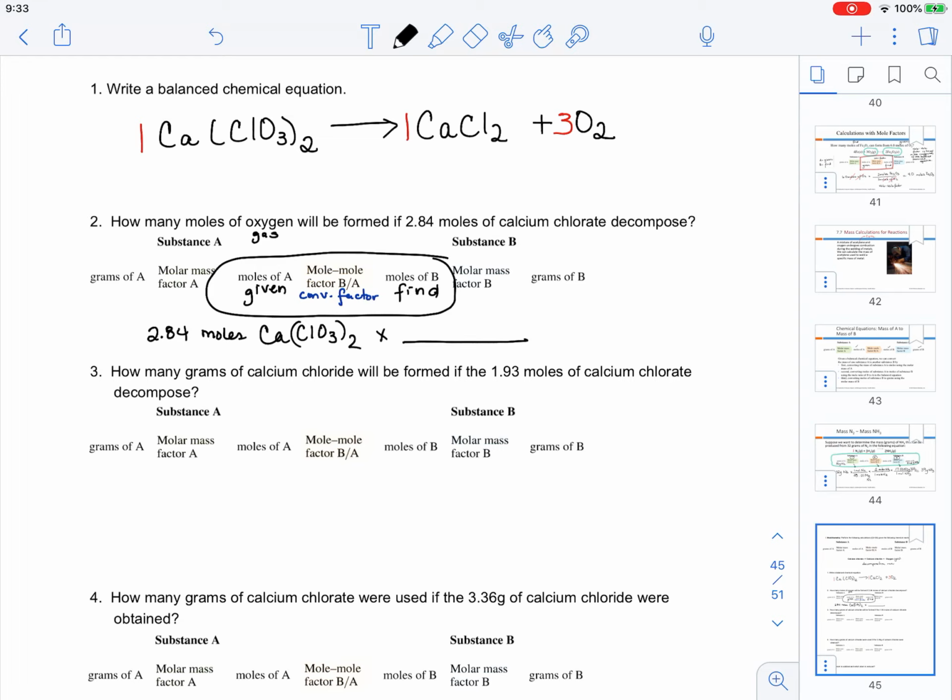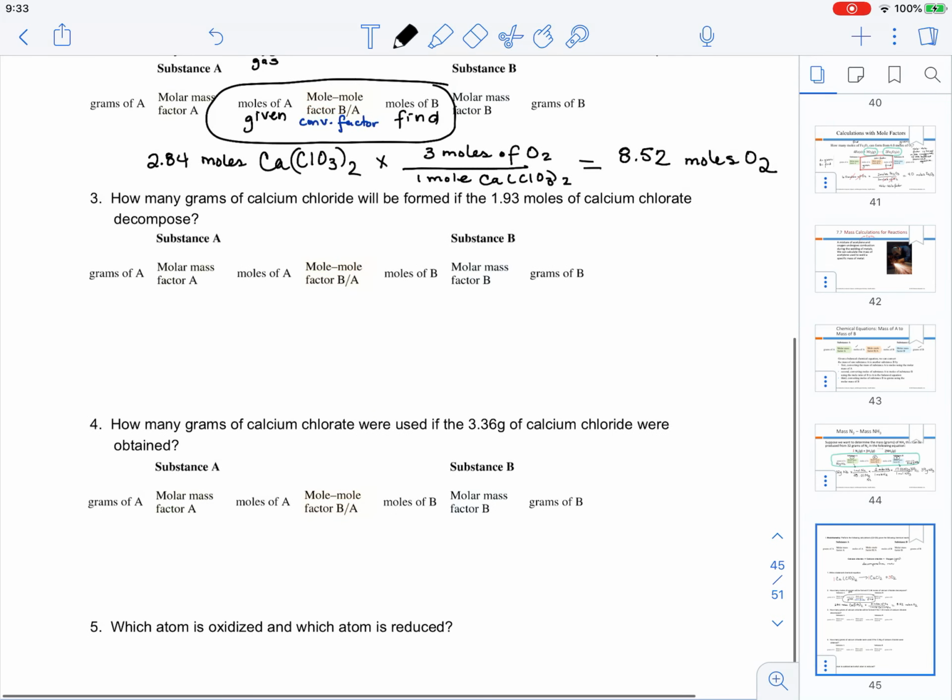So we're going to say 1 mole of Ca(ClO3)2 corresponds to specifically 3 moles of O2. So when we multiply those two values and we report it to 3 sig figs, this is going to be 8.52 moles of O2.